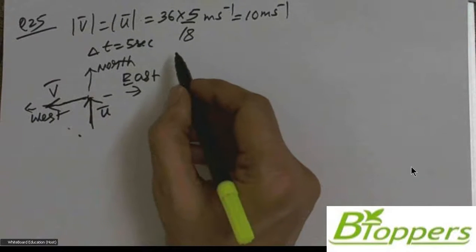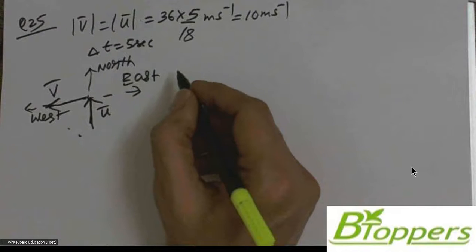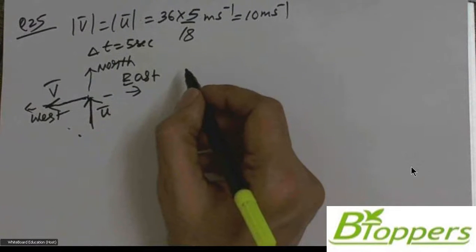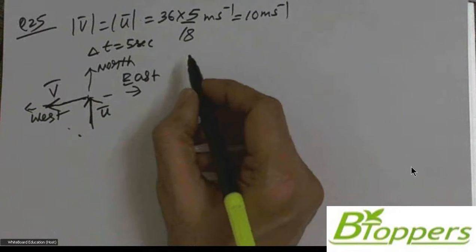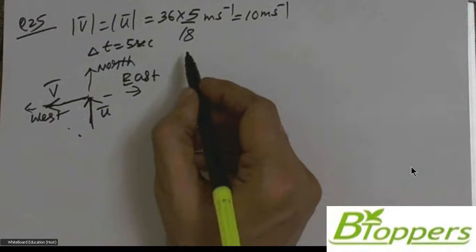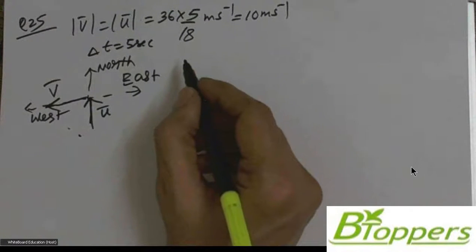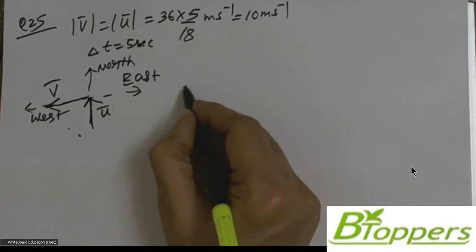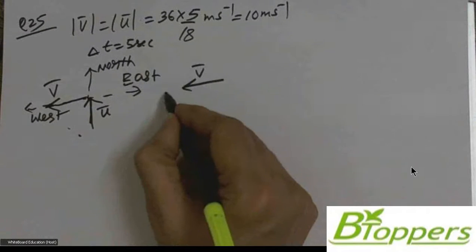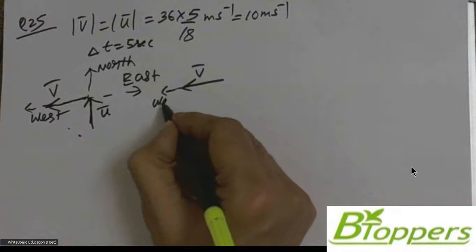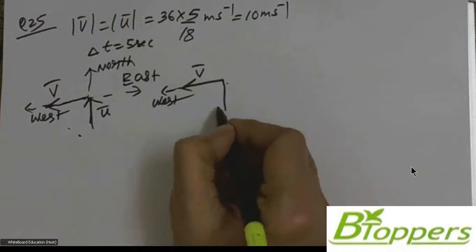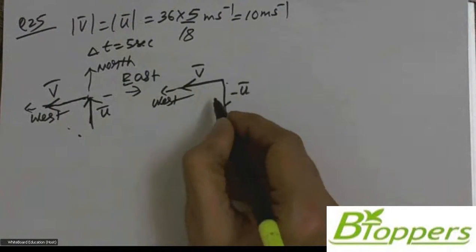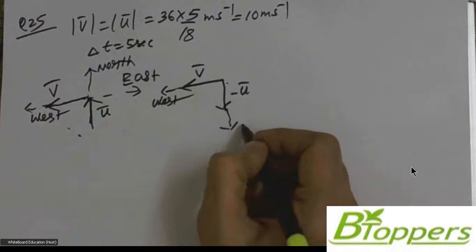The change in the velocity is the vector difference V bar minus U bar, which you can write as the vector sum of V bar and minus U bar. So V bar is directed towards west. So minus U bar will be directed towards south.